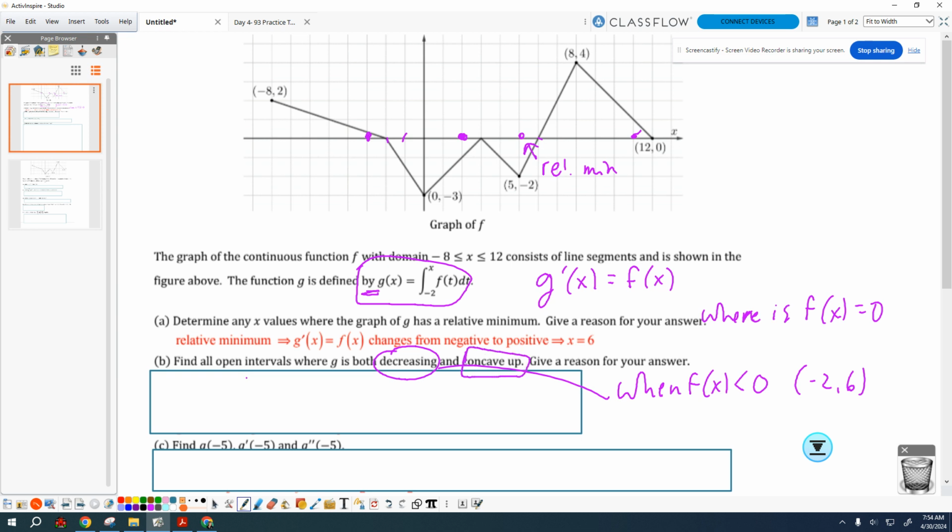Sophie, how do I find where it's concave up? Where the slope of the graph of F is negative. Okay, so reading the derivative of the derivative, -8 to 0. The negative points are kind of wonky, but maybe 3 to 5, and then 8 to 0.